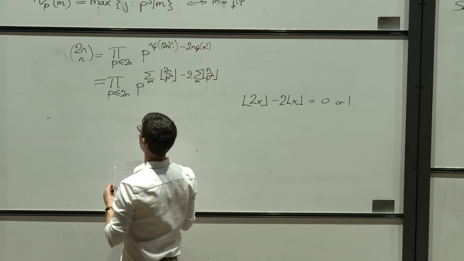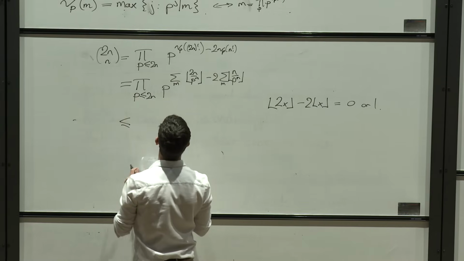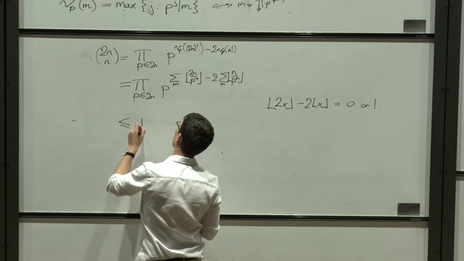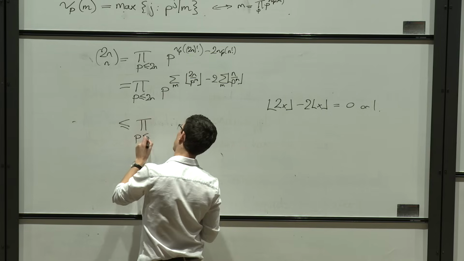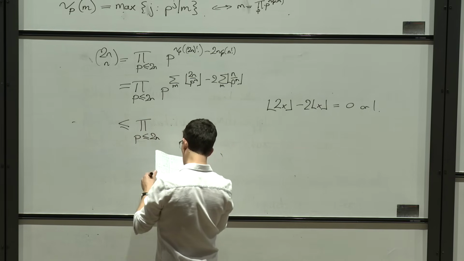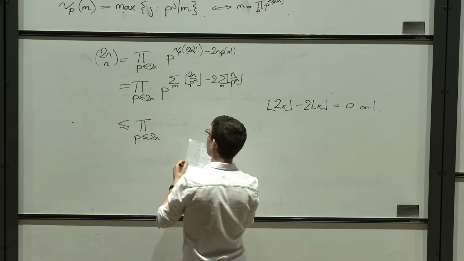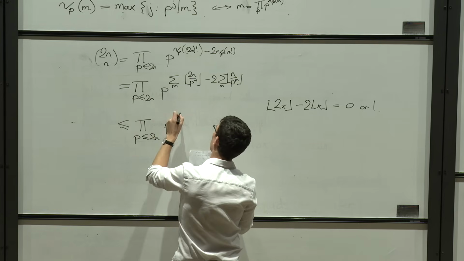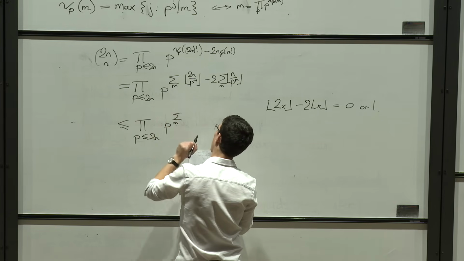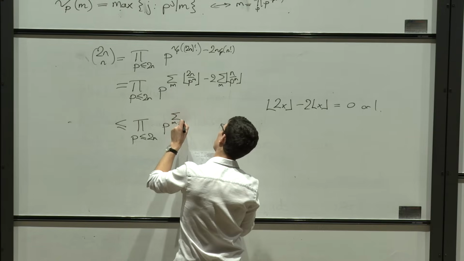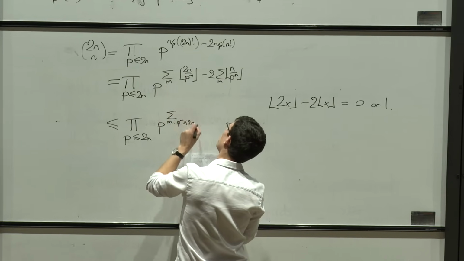And so this means that this is certainly bounded above by the product over all primes less than or equal to 2n of p times the number of m such that p to the m is less than or equal to 2n.